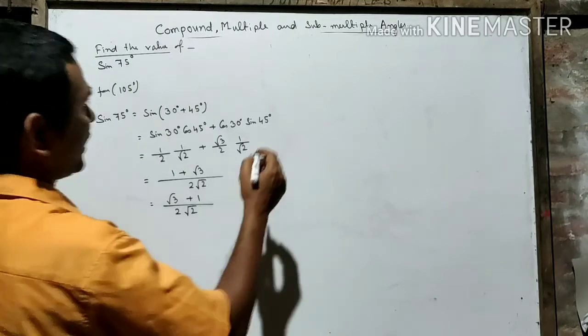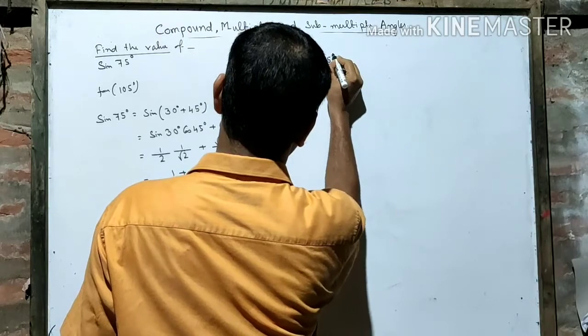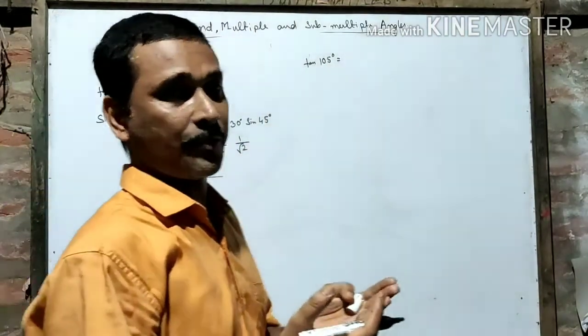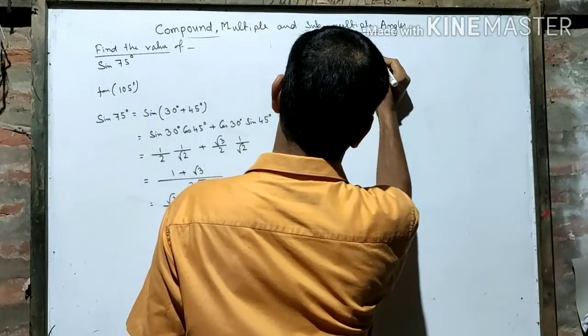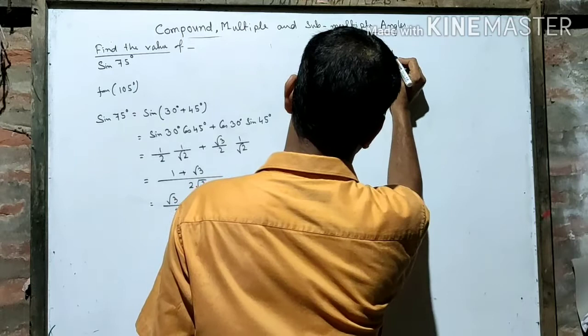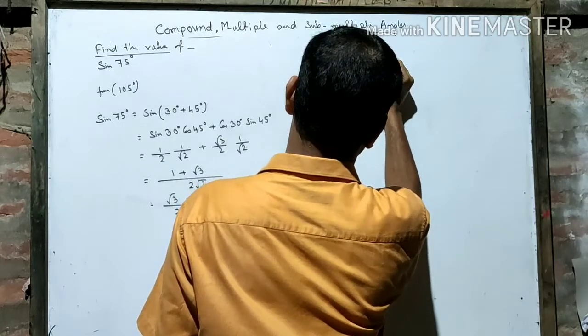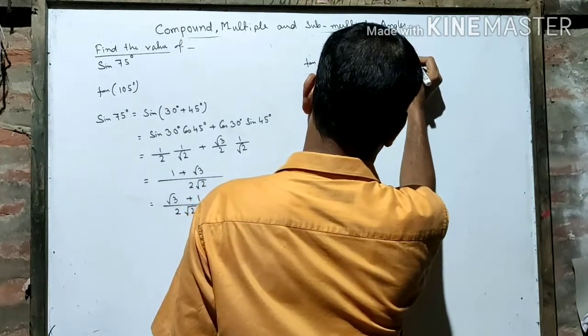Then tan 105 degree. Express 105 degree as a compound angle of two standard angles, 45 degree plus 60 degree.